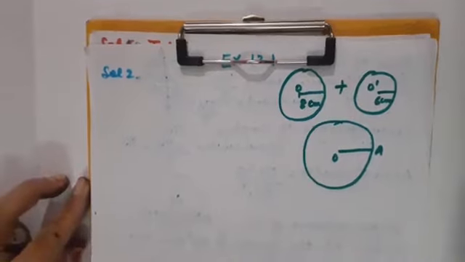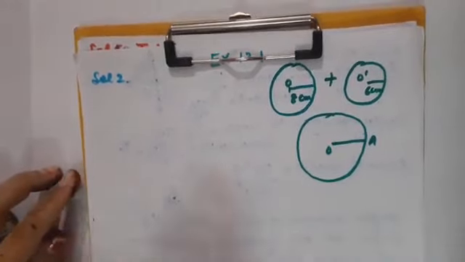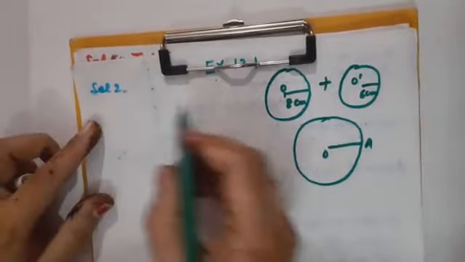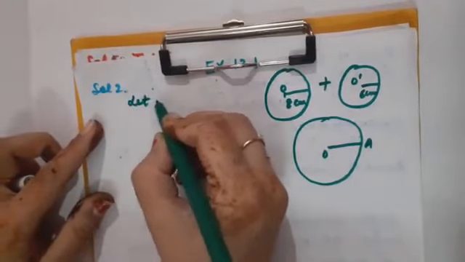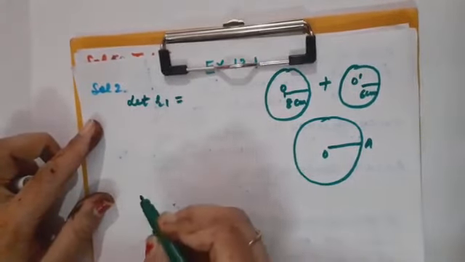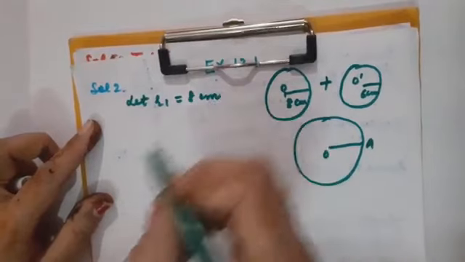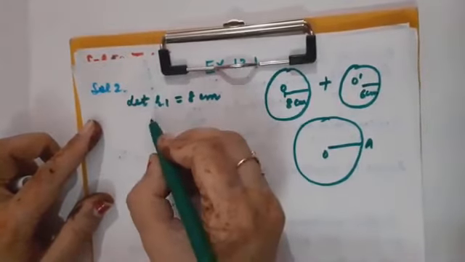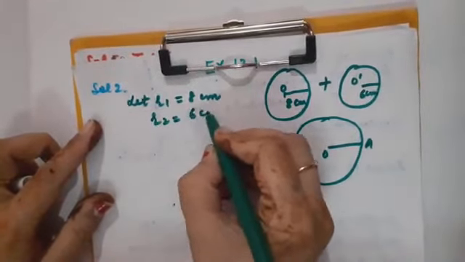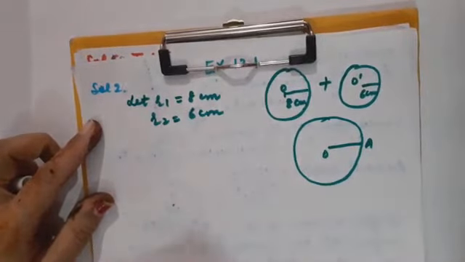Clear? So what is to be done for that, children? First of all, let the radius of the first circle be R1, which is equal to 8 centimeter. Correct? The radius of the other circle be R2, which is 6 centimeter.